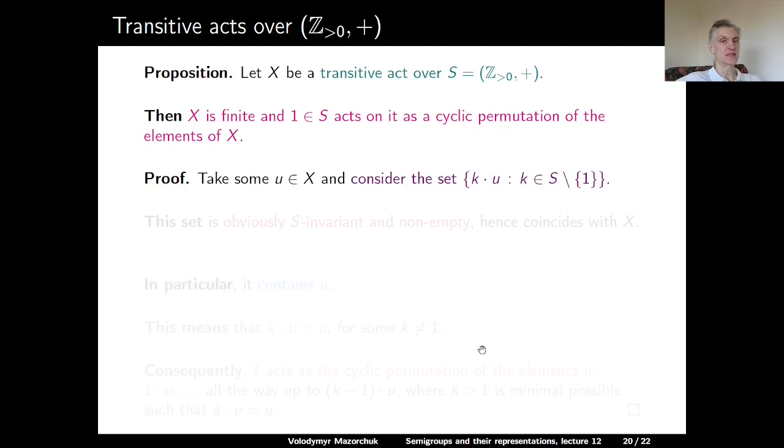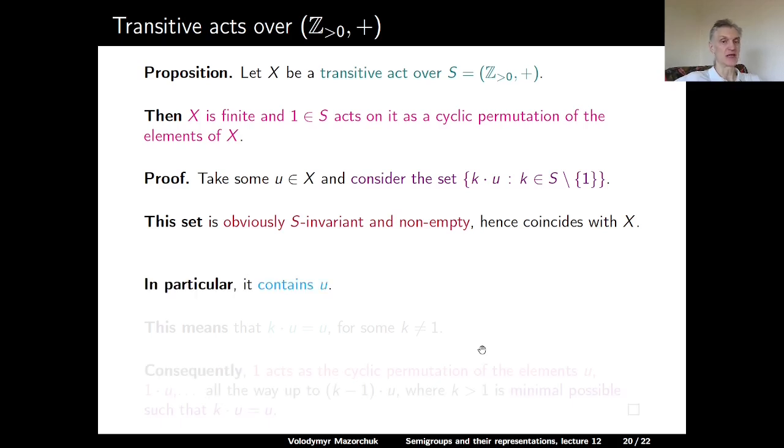Proof: take some u in X and consider the set k applied to u, where k is a positive integer greater than 1. This set is obviously S-invariant and non-empty, and so it must coincide with X. In particular, it must contain the element u.